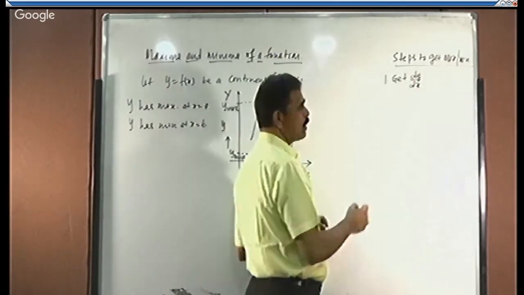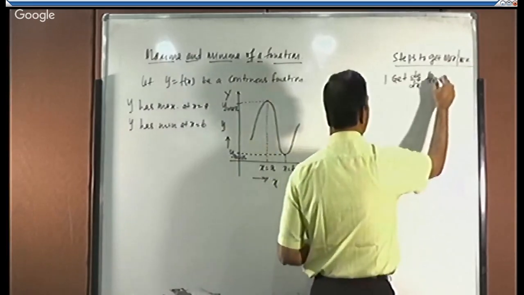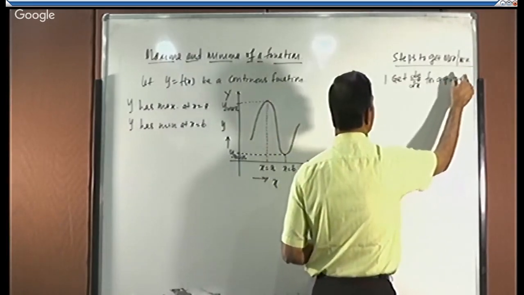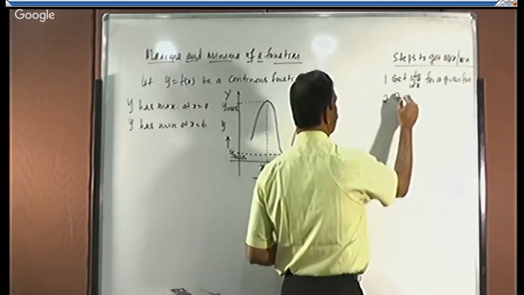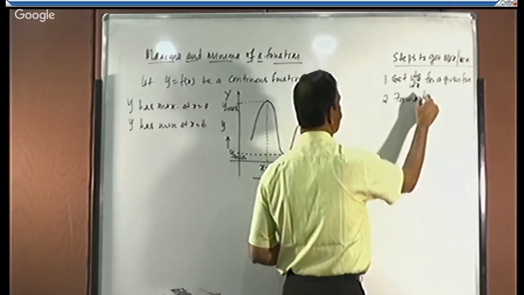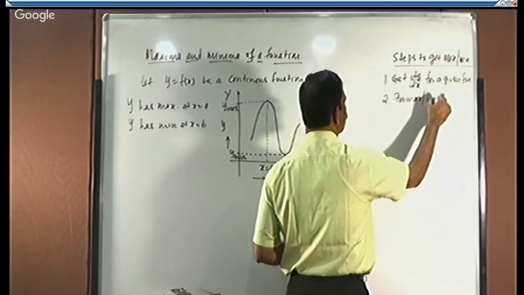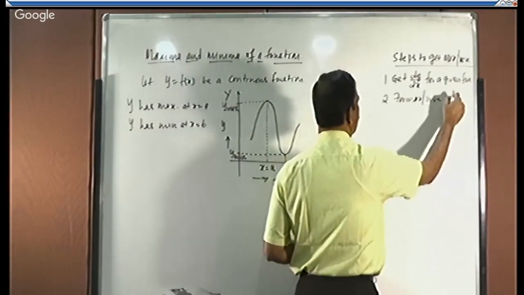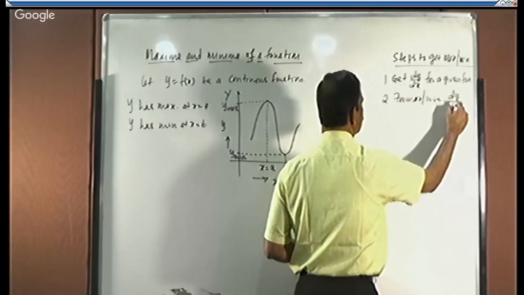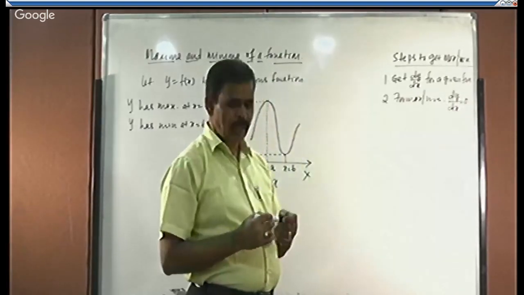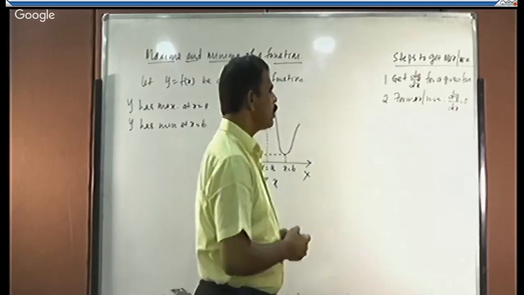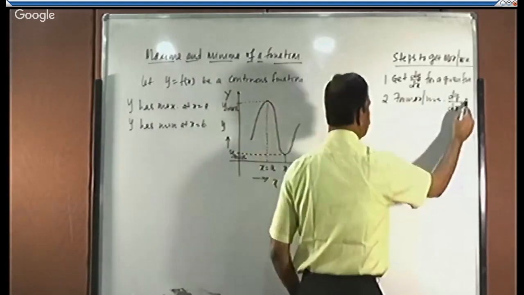Second, for maxima or minima, either one, take dy by dx is equal to 0.